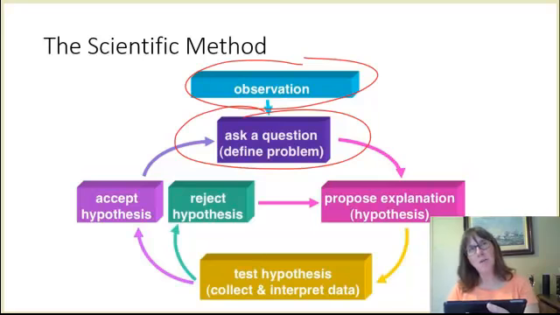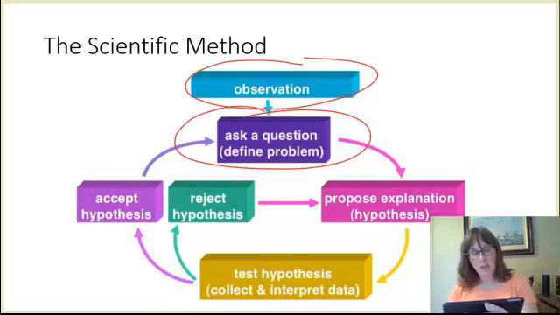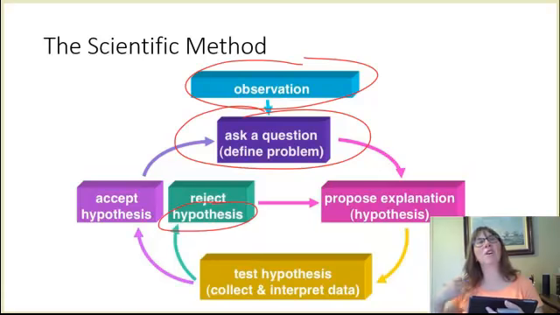And then based upon what else you know about the phenomenon that you're observing, you come up with a hypothesis. Sometimes a hypothesis is called your best guess, and it's in process.